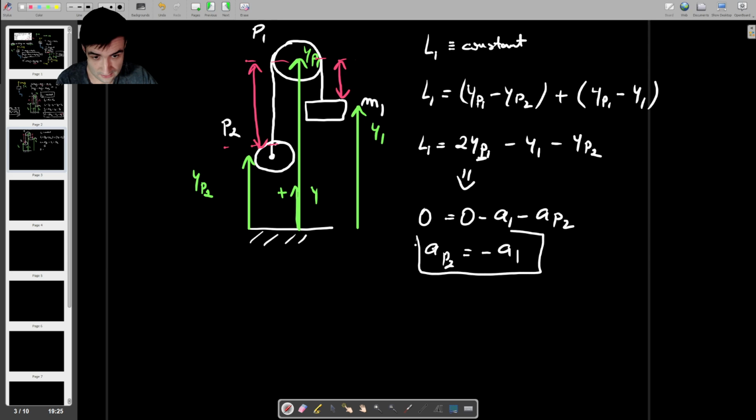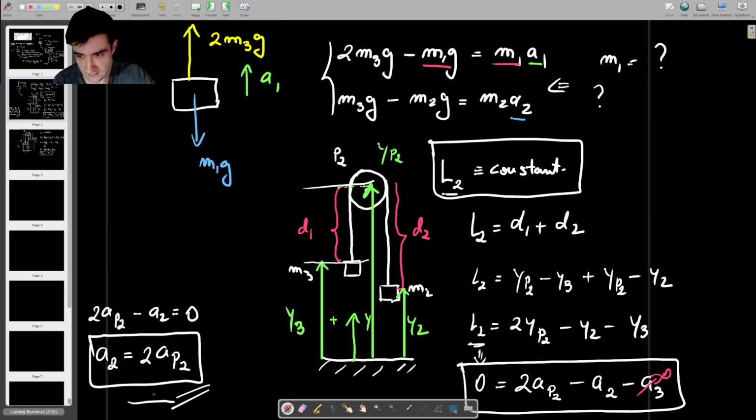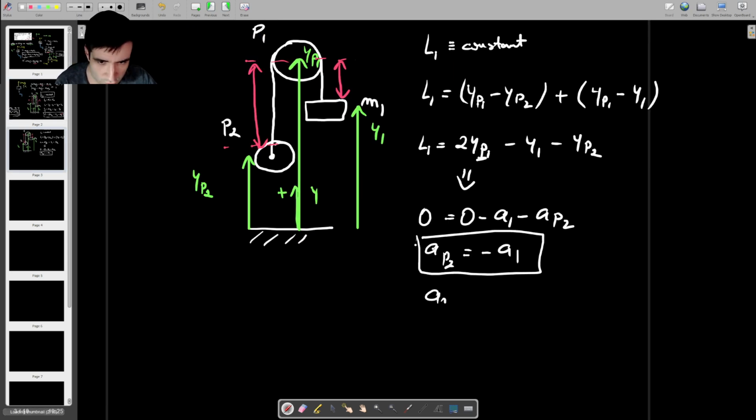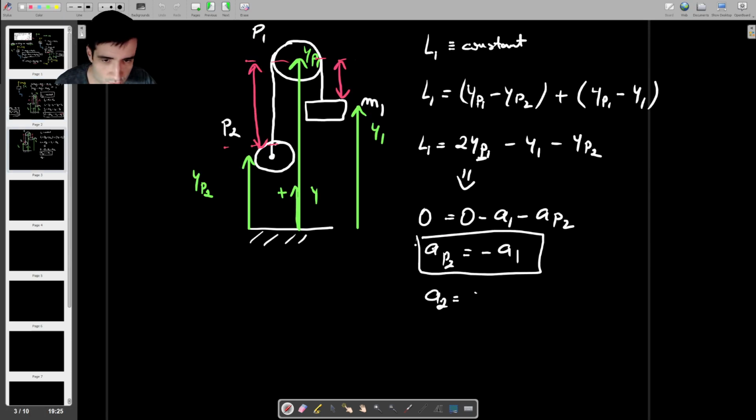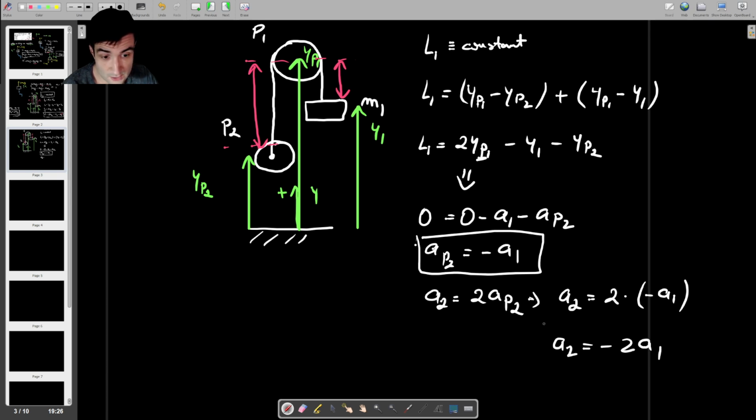So we use this, and we use this, which was A2, make sure I write the correct thing. So A2 is equal to 2AP2. Okay, so we can eliminate AP2 because we don't really want to care about it. And we write it as A2 is equal to 2 multiplied by AP2, which is minus A1, so we get that A2 is minus 2A1, which is nice.